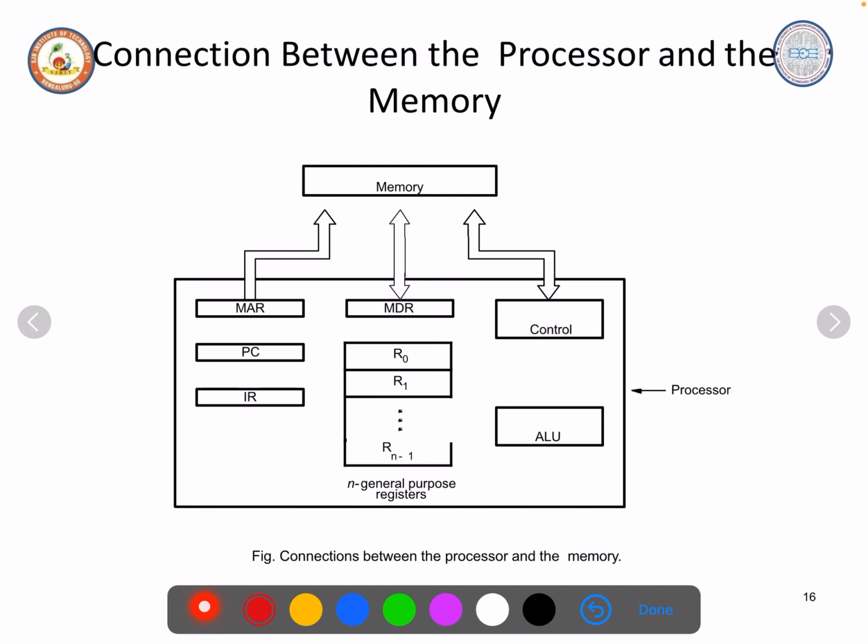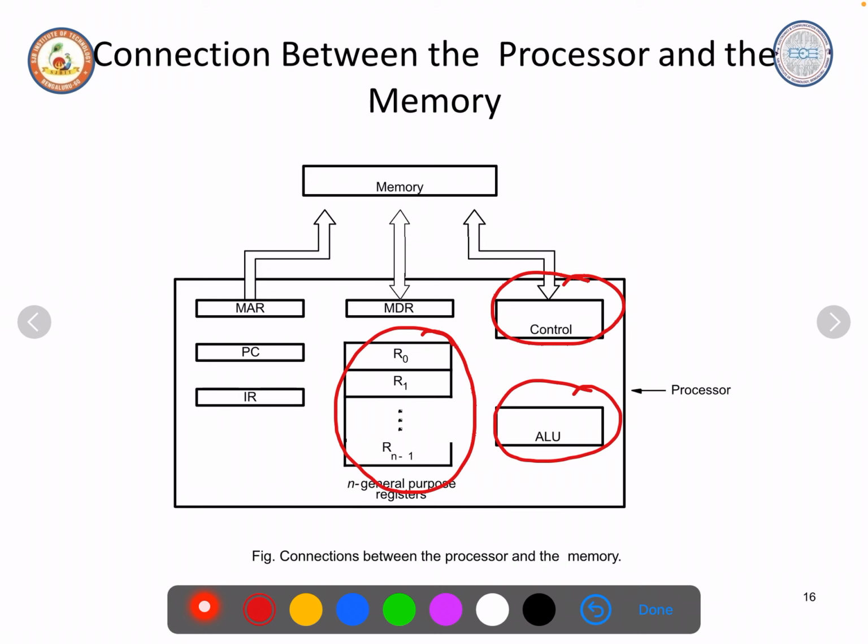The interconnection pattern for these components is not shown here completely, and will be seen next. In addition to the ALU, the arithmetic and logic unit, and the control circuitry, we have in the processor a number of registers. You have n general purpose registers which are meant for several different purposes.